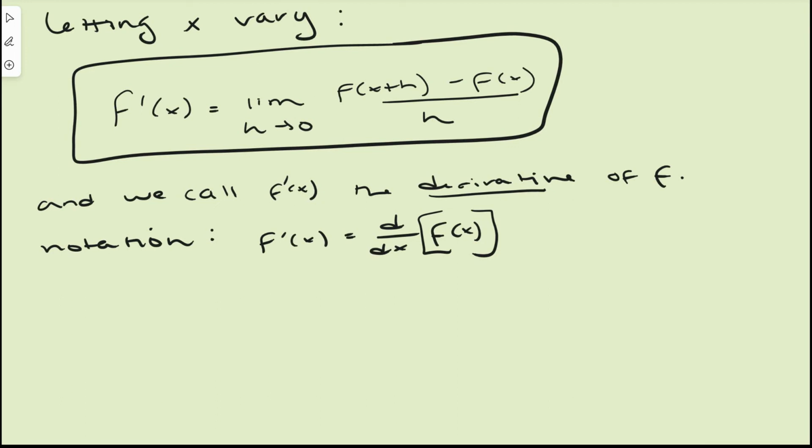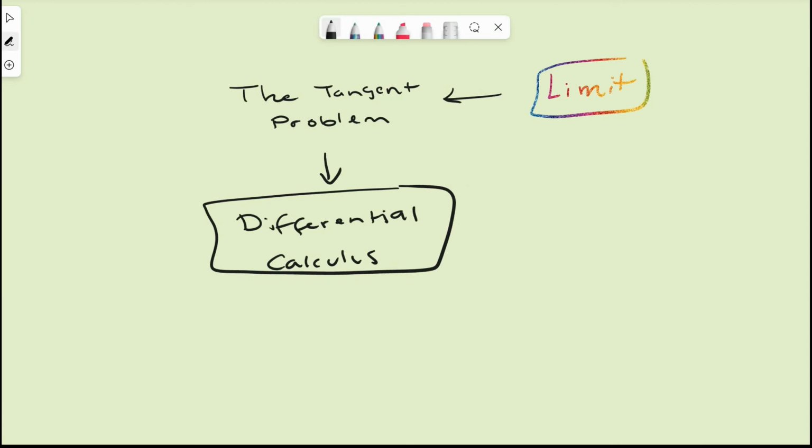And so that's how we probably recall differentiating functions in general. Not necessarily through the limit definition, but using the product rule, chain rule, quotient rule, etc. Right, and so we see that we go from the tangent problem into what's called differential calculus, so the calculus of derivatives, right?